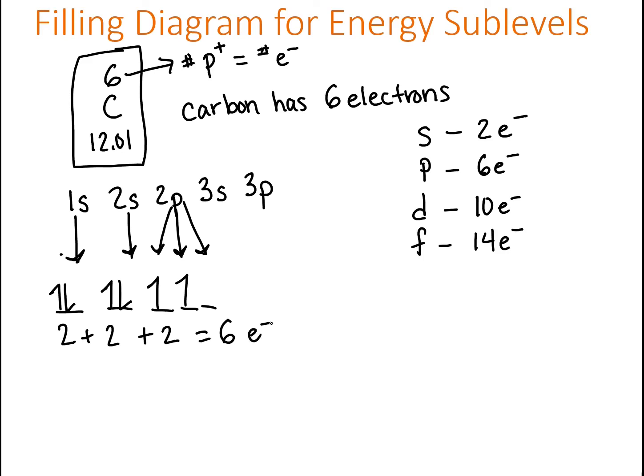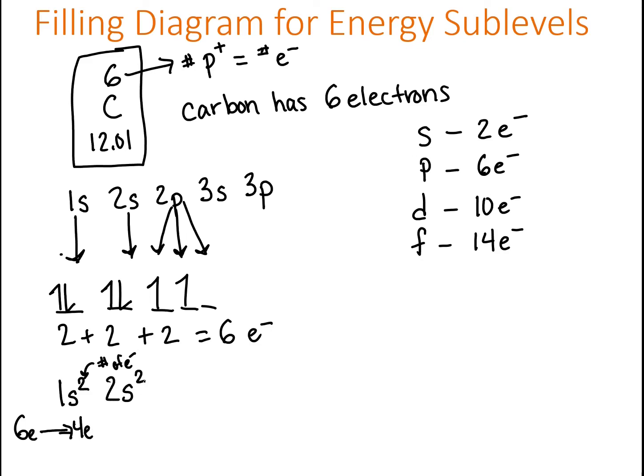If I were writing this as a configuration, my 1s is full. So this number at the top tells me the number of electrons in a given sublevel. I have to fill my 1s before I can move on to anything else. So I filled my 1s. We started with 6 electrons. Now I've got 4 electrons left to place.